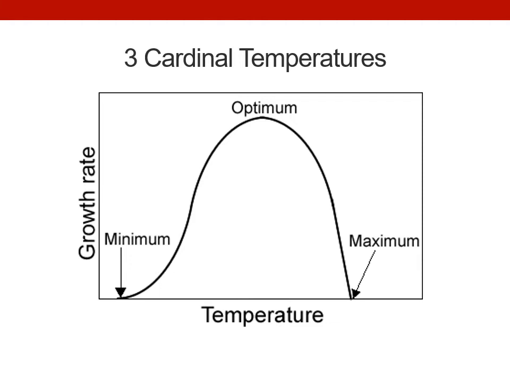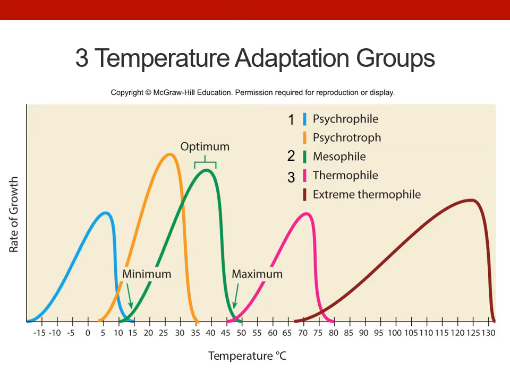For example, human pathogens can grow at room temperature, which is about 25 degrees Celsius, but they grow best at 37 degrees Celsius, which is human body temperature. Some organisms have a narrow temperature range and others a broad range. Based on the cardinal temperature range, organisms can be classified as psychrophiles, psychotrophs, mesophiles, thermophiles, and extreme thermophiles.